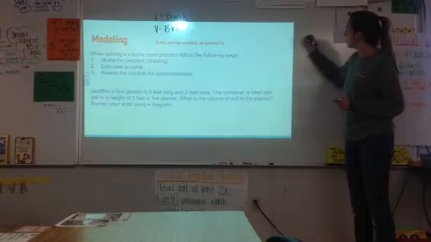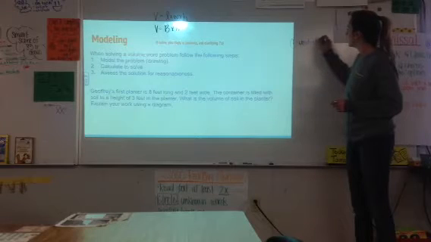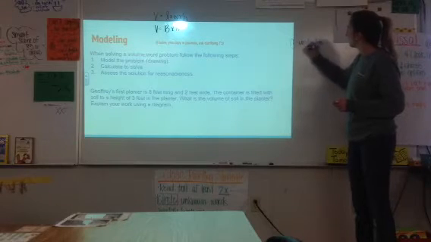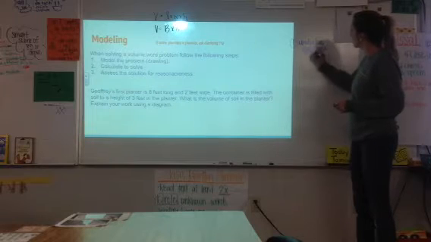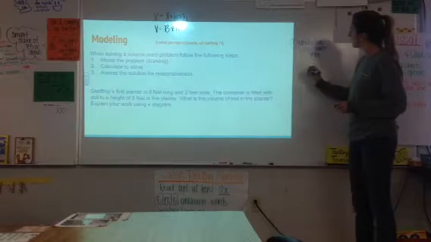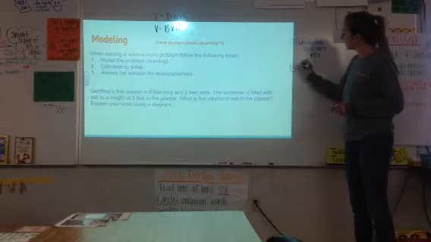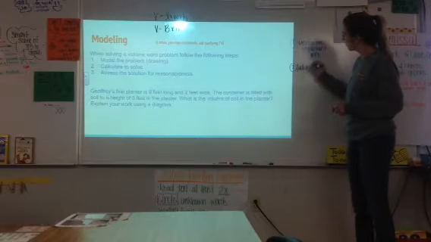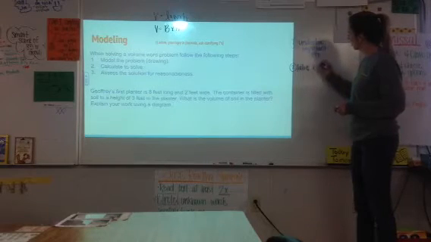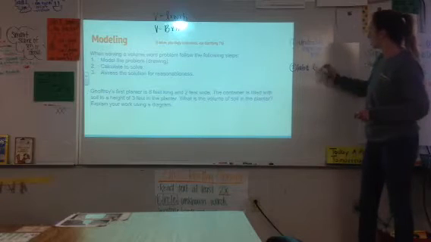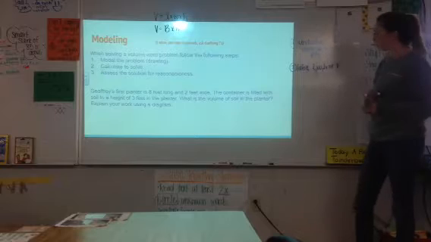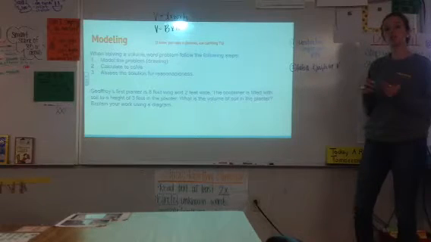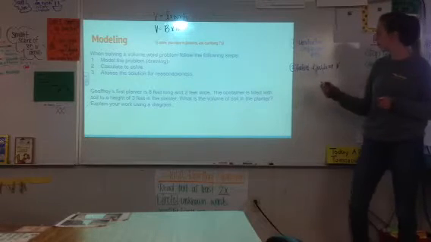So the first step is to underline important information. The second step is to label your length, your width, your height, or your volume, which is different in these word problems than we've seen before.